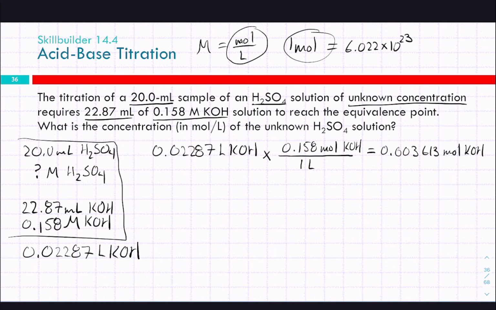This is kind of like, what would be a good analogy? Oh, like a hamburger. If you had 100 complete hamburgers, how many hamburger patties do you have? Assuming there's 1 per hamburger, it's 100 hamburger patties. So if there's 1 hydroxide for every potassium hydroxide, remember, moles is a number of something, so it's just the same. So this is 0.003613 moles OH minus.